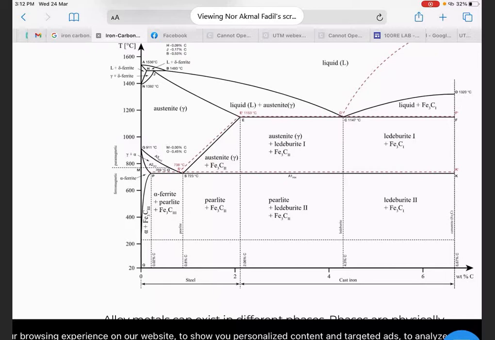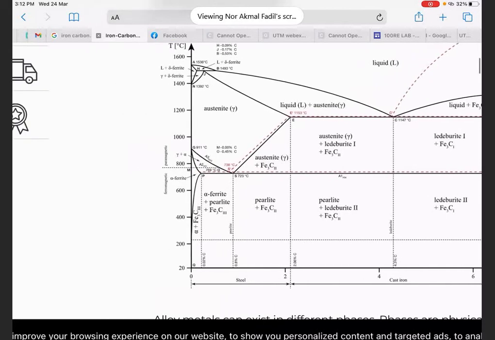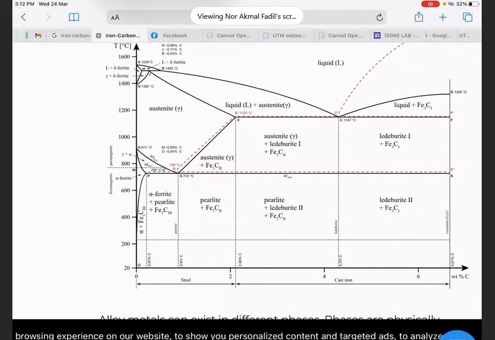What is the x-axis which contains carbon, and the y-axis is the temperature. Okay, meaning that the composition of carbon will increase from left to right. Okay, most left, top left is 0 carbon, so it is pure iron.